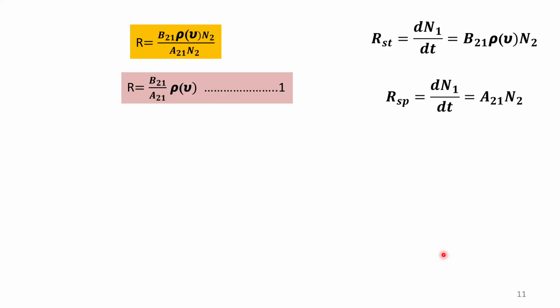Now by substituting the values of the rate of stimulated and spontaneous emission, we get R is equal to B21 into rho nu into N2 divided by A21 into N2. So we get R is equal to B21 divided by A21 into rho of nu.